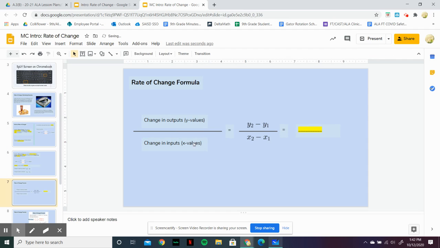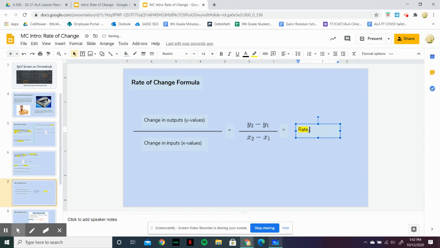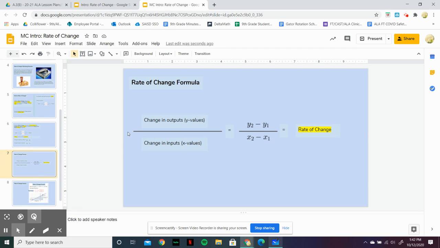So that is equal to y2 minus y1 divided by, which is this line, x2 minus x1. This is equal to rate of change. So again, this line here is division.